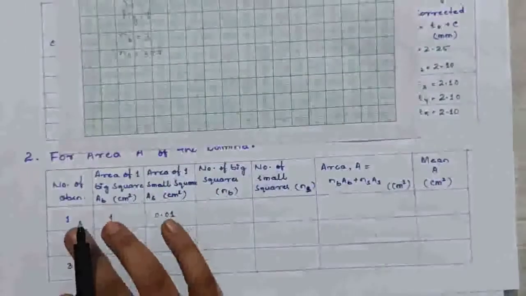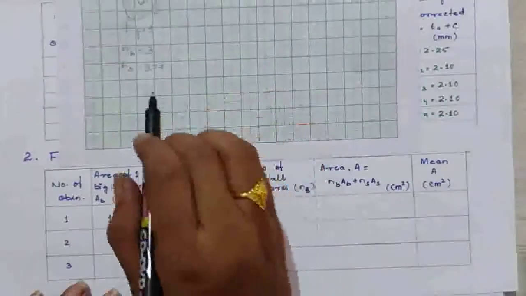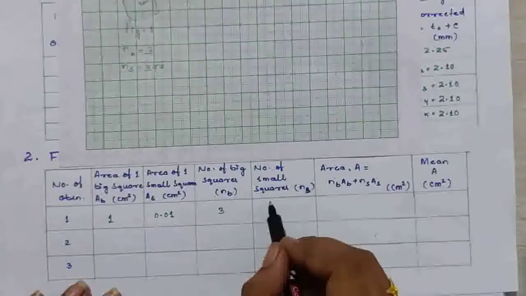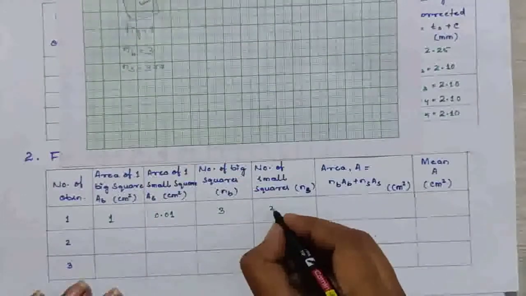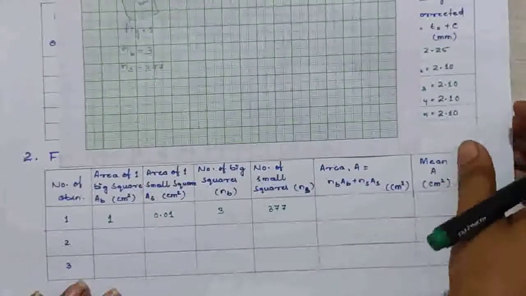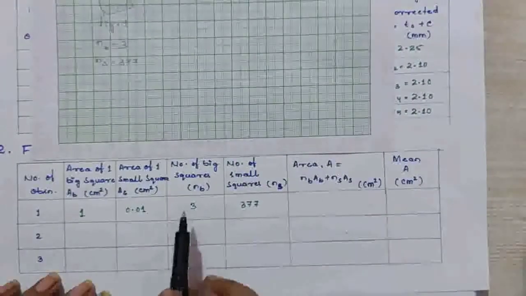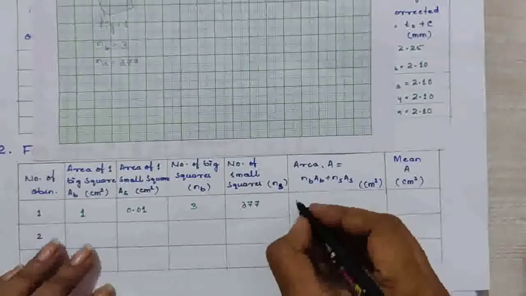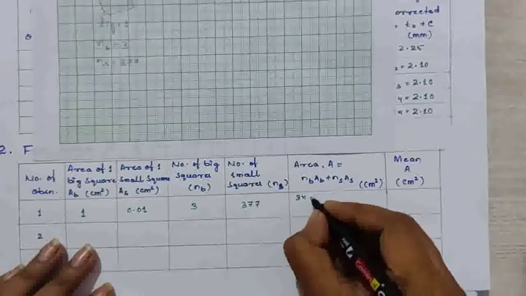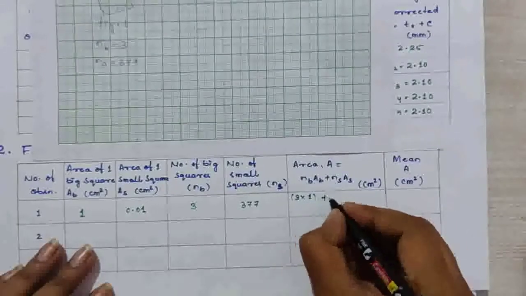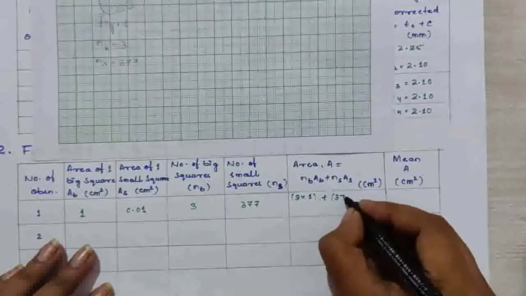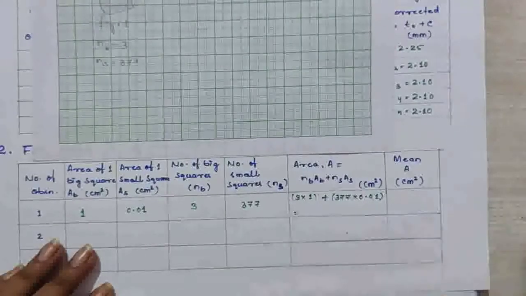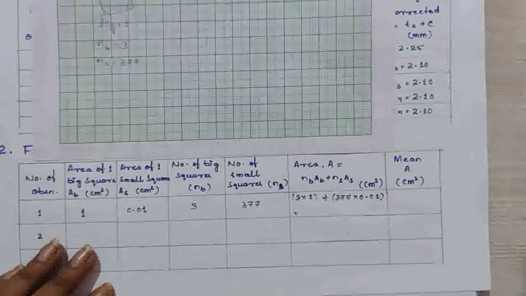Now in the first figure we have the number of big squares equal to 3, and the number of small squares, as I have counted, is 377. Now we can calculate the area as NB times AB plus NS times AS. So that will be equal to 3 into 1 plus 377 into 0.01. So that will be equal to 3.